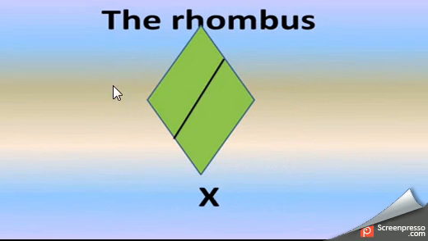Now we will take the rhombus. When I draw this line, it divides the rhombus into congruent figures, but when I fold this part on this part, they do not cover each other completely, so I can't consider this line a line of symmetry.